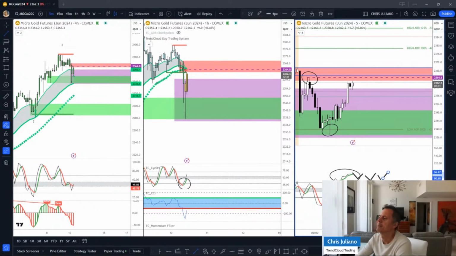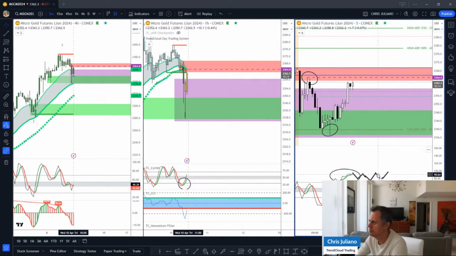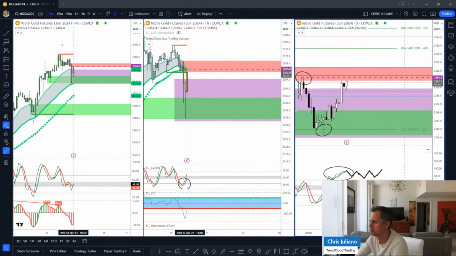It's just going to stay up there and do something like this, because this is bounded. Here we go. We've officially hit that supply zone.